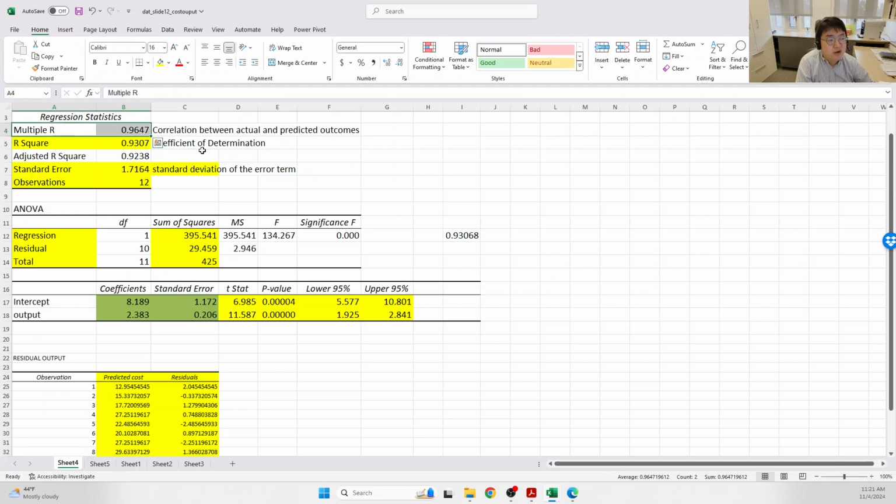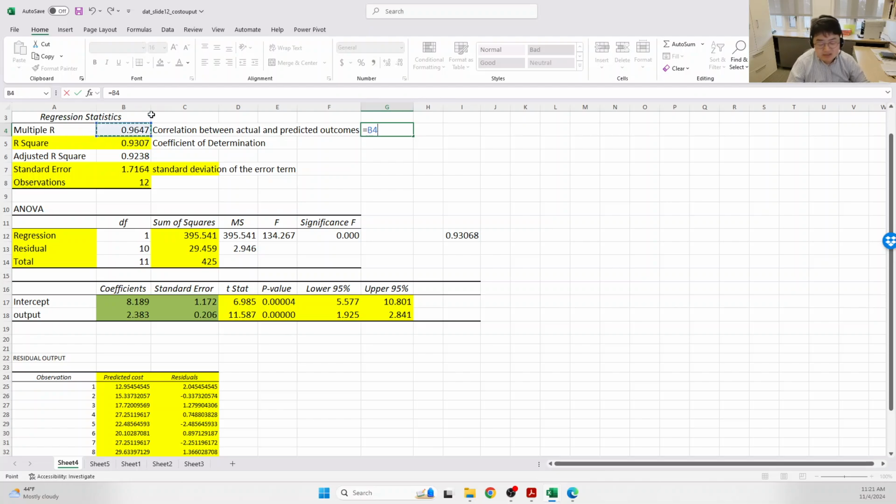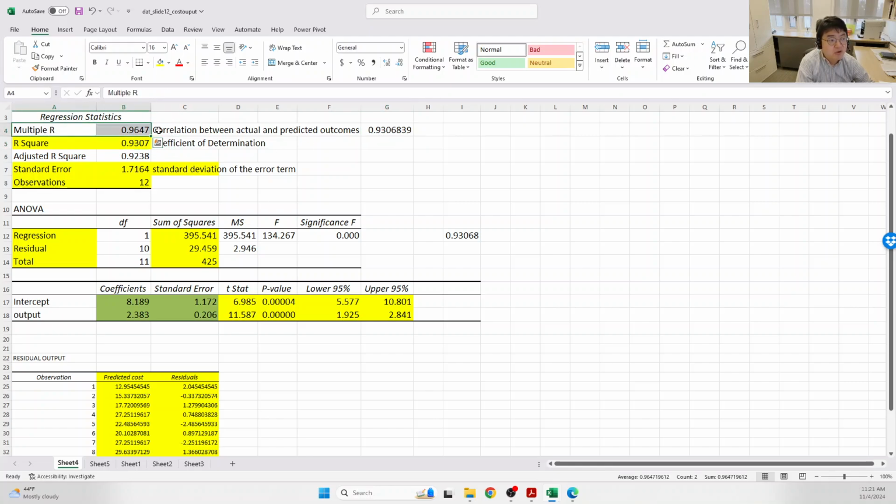So the multiple R is nothing special but correlation, and its square is R square. If you take the square of the multiple R, then you get R square. So that's why we call this R square. And adjusted R square is not relevant here.